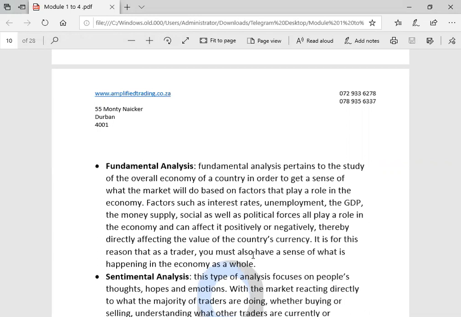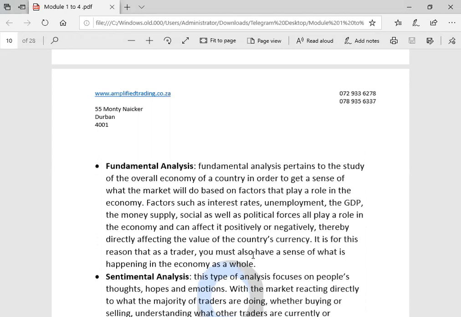Okay, so now factors that do influence, let's say, a currency would be interest rates, obviously, unemployment, GDP numbers, the money supply, social as well as political forces. They always play a role, obviously, in any sort of logical economy.